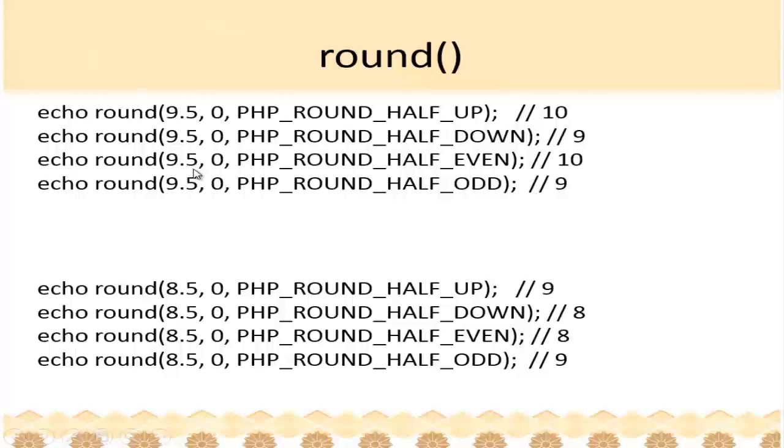I have 9.5 here, and I'm saying round it to the next even number. That means I don't want an odd number to come, go for the nearest top even number. In the same way, you can say go for the nearest odd number.